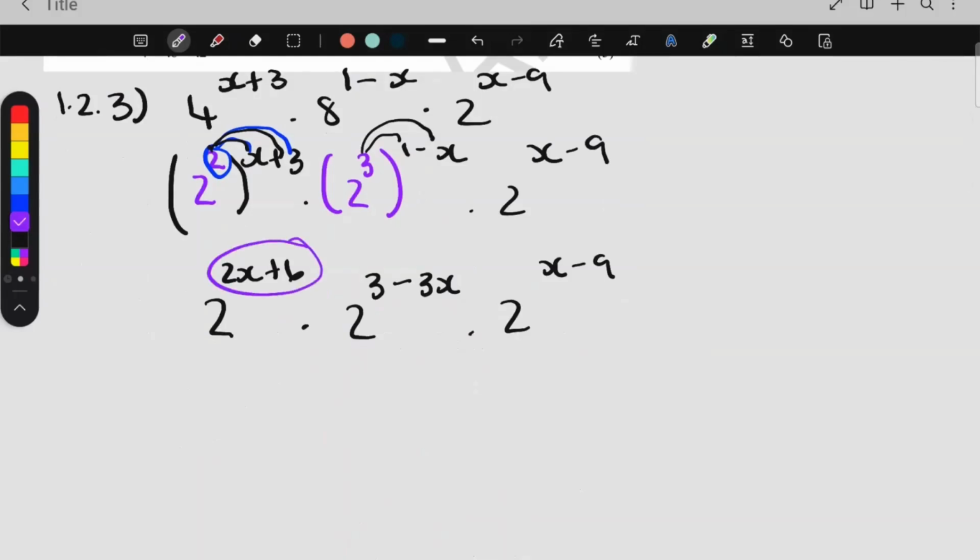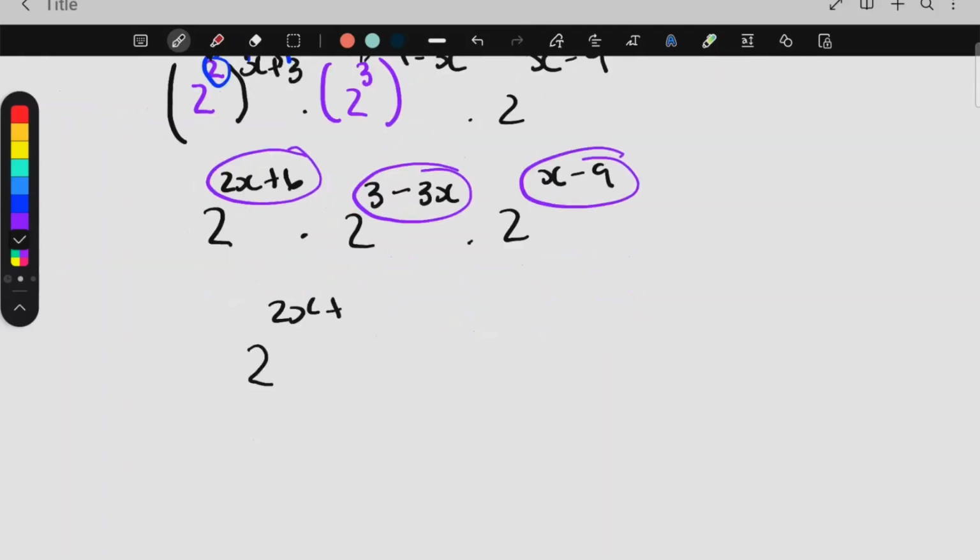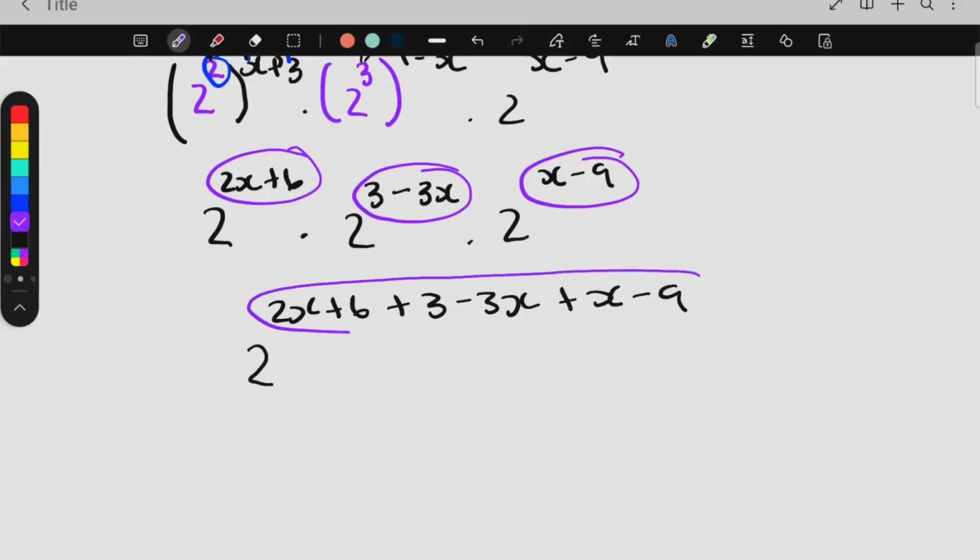So I'm going to say this plus this plus this. But I keep one base. So now it's this one plus this one plus this one. Okay. And now for this part over here, the power, I'm going to add the like terms. So let's look.